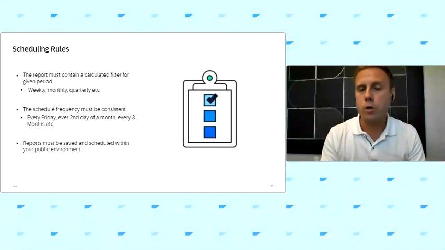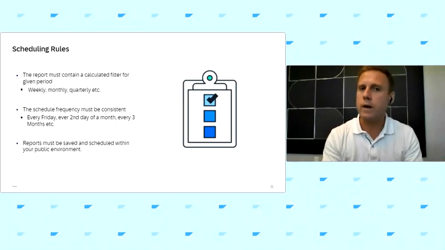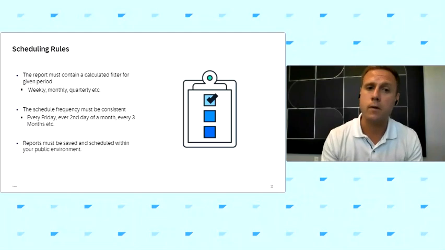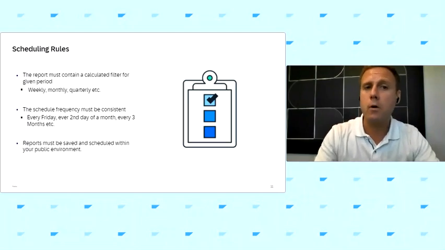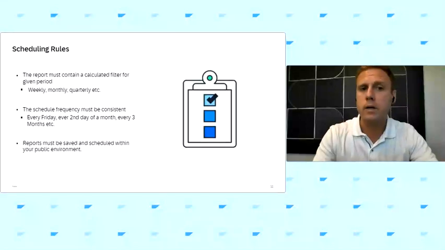So having a hard-coded filter is a set it and forget it kind of mentality, where you create a hard-coded filter to only look for the prior month, and you can run that every single month, and it's always going to be pulling the previous month's data. So have that hard-coded filter for a given period, and the schedule frequency must be consistent.